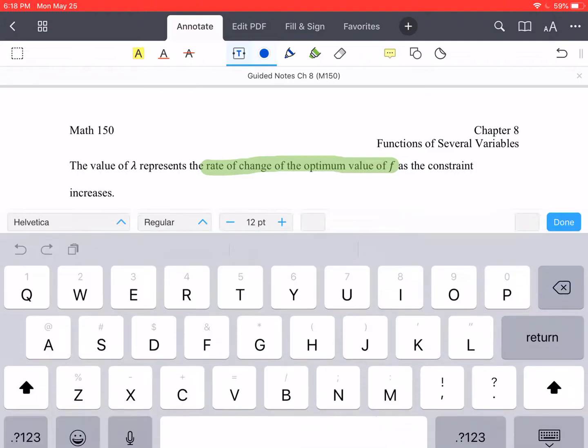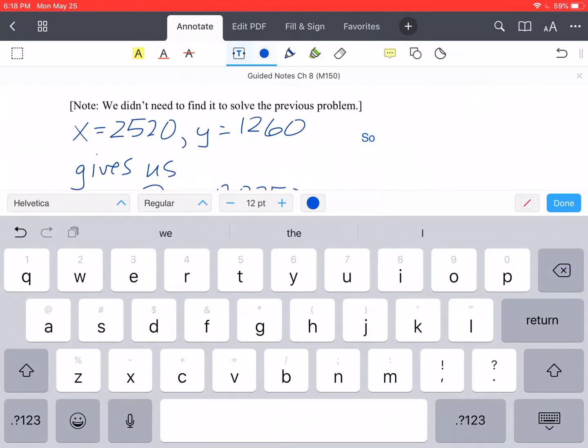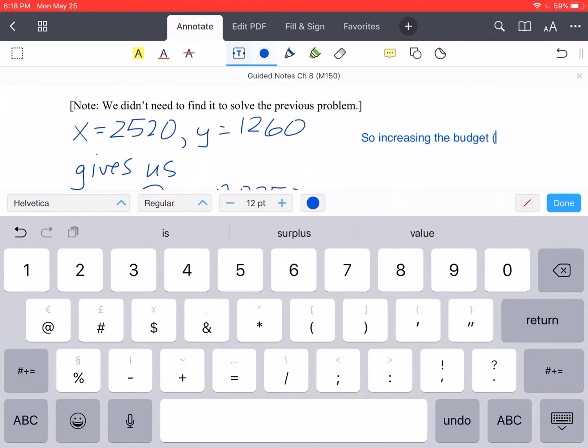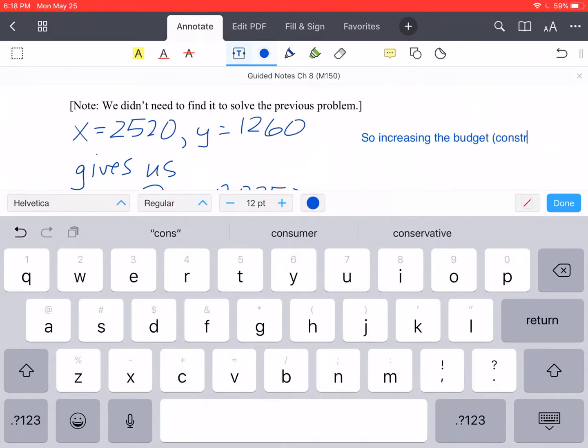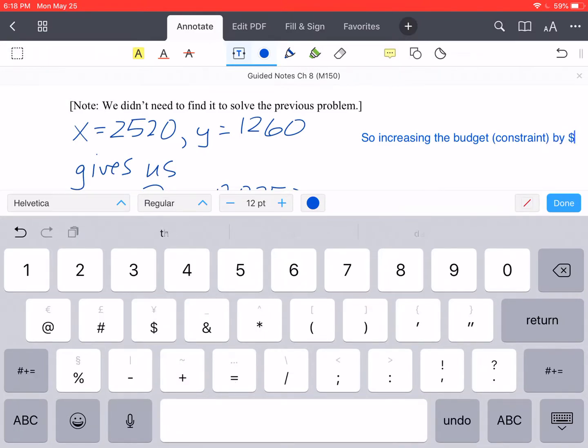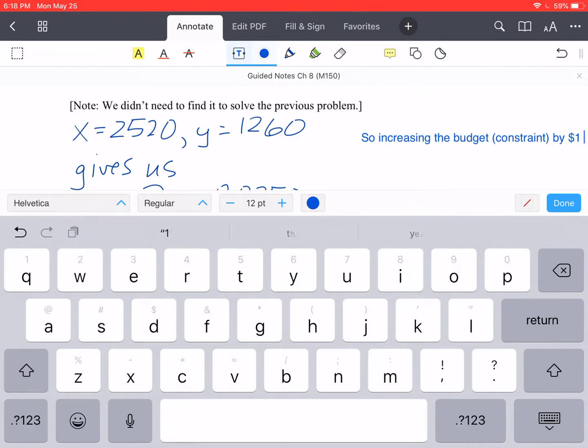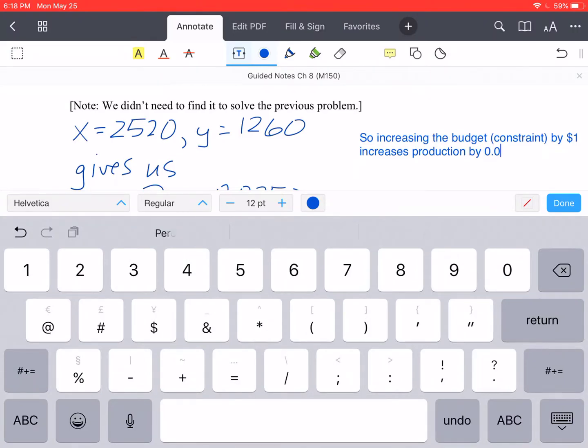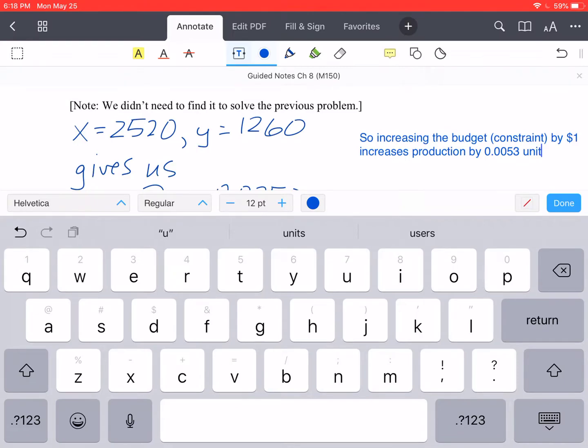Okay, so what this tells us is increasing the budget, which again we'll just call the constraint in general, by $1 increases production by 0.0053 units.